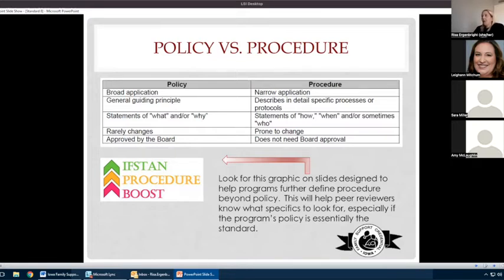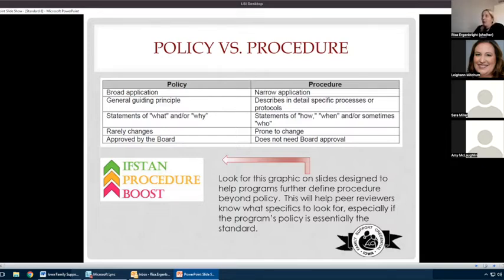Procedure gets a little bit more narrow in its application. It's describing specific processes or protocols, and answers questions like how, when, sometimes who does what role, what position does a specific thing that's outlined in that procedure. It's probably going to change more often, as you recognize that, hey, this isn't quite working the way we thought it was, or maybe a job description changes, and so you need to update some things in the who-does-what piece of that procedure.